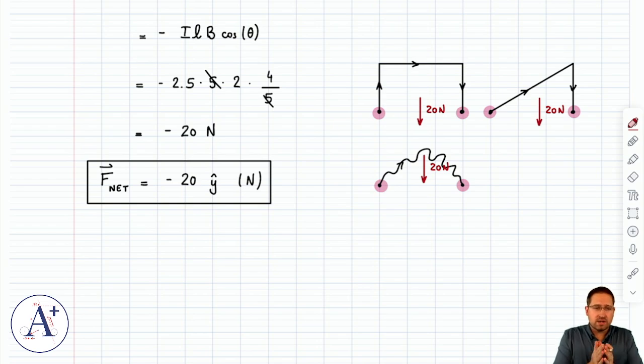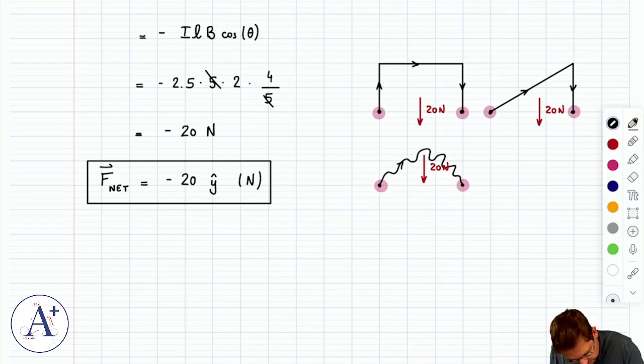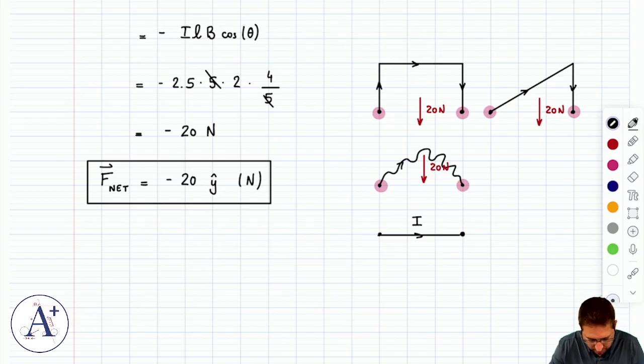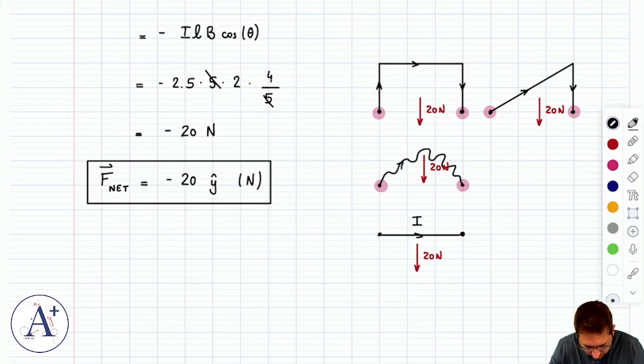And so what we'll say is that it is as if the current had just gone straight from here to here. Because if you draw these two things here, and you just draw a current I going straight across like this, which is the same as this segment here for that matter, well, what you're going to get? You're going to get 20 Newton pointing down.